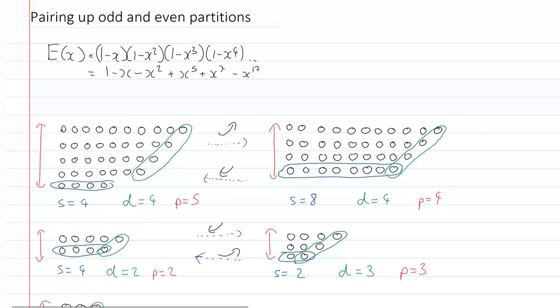So you're taking that smallest part and moving it up there. You're going across the diagram. So this blue ring of 4 dots is actually becoming these 4 dots down here.